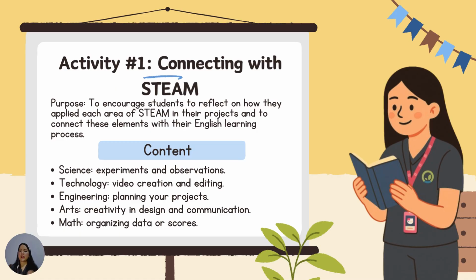In groups, they will complete a short guide to describe exactly how they use each of the five STEAM areas in their project. Science with the experiment, technology with the video creation and editing, engineering with the project planning, arts with the creative design, the poster, the images for the video, and math organizing data or scores to do the scientific part.